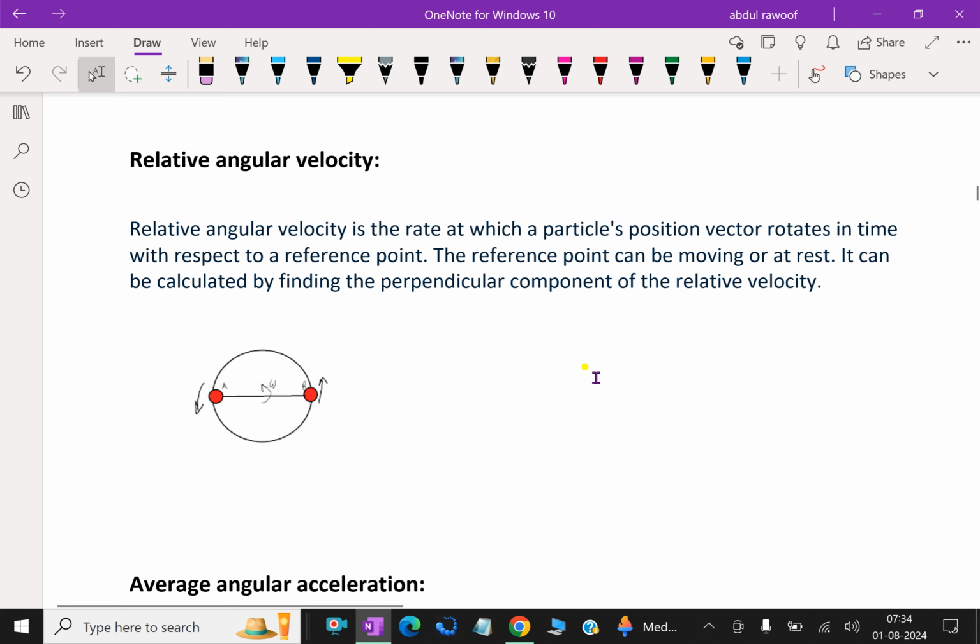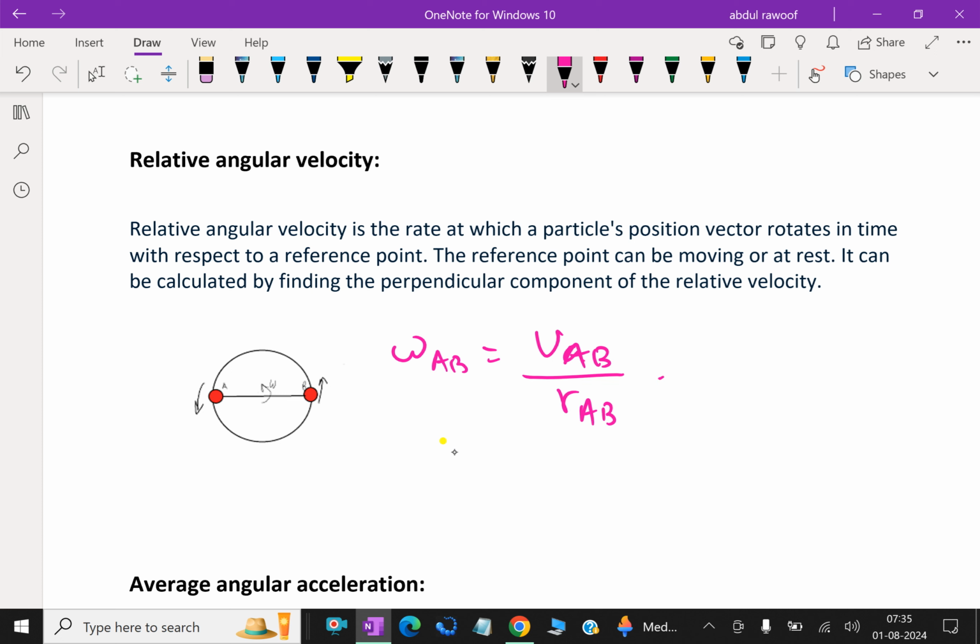Here, relative angular velocity, suppose ω_AB equals velocity AB over radius AB.